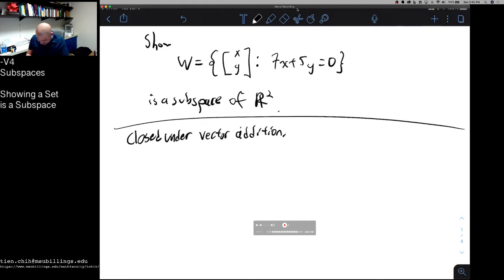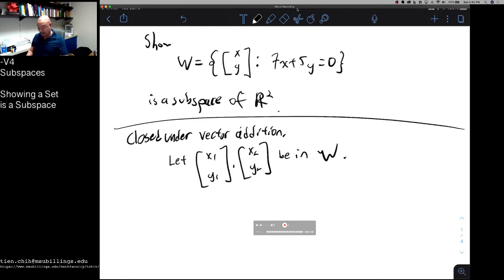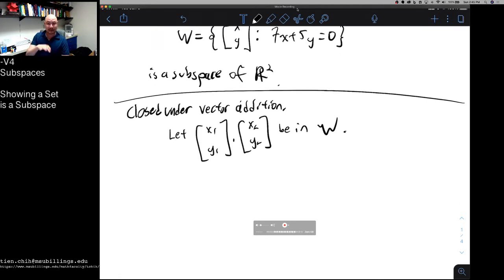And so we're going to let (x1, y1) and (x2, y2) be in W. So remember the reason I'm doing it this way and not picking, say, specific choices of x and y is because we want to show that every possible sum of things that live in W also live in W. So it would be useless to just show that for two things that live in W.